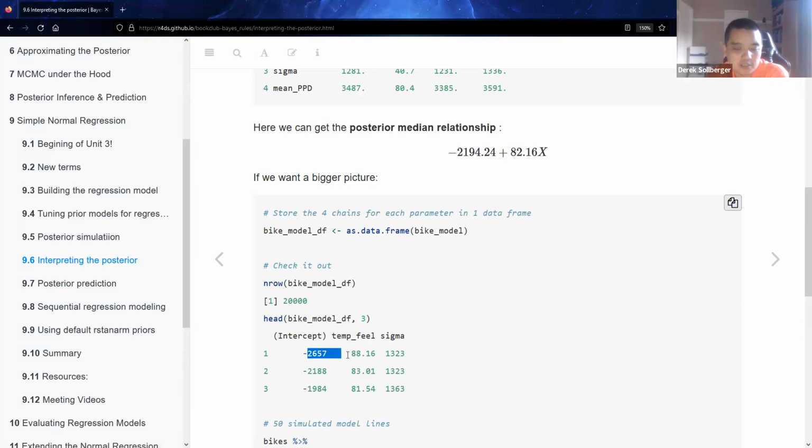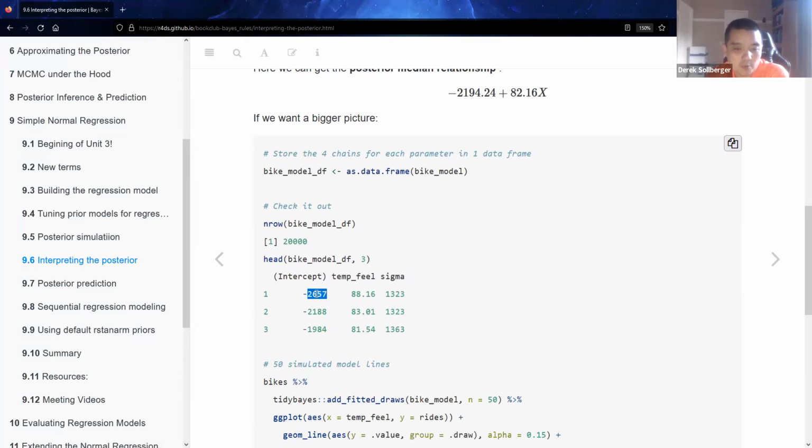So we could see that between the hyperparameters beta naught and beta 1, along with the auxiliary sigma parameter, we might get slightly different numbers.